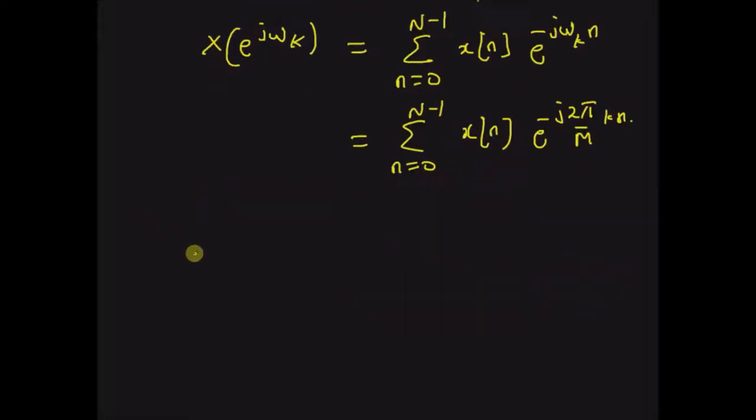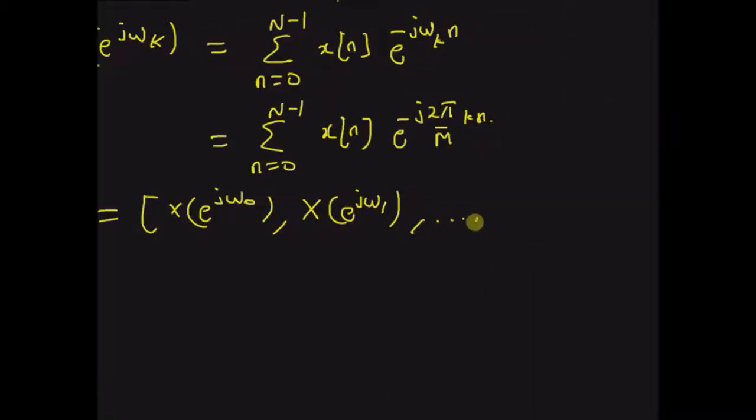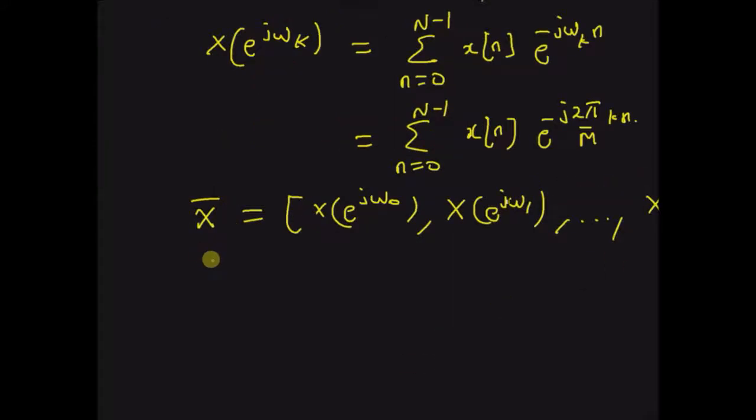Now in order to use linear algebra, we have to rewrite this definition in terms of vectors. That is, define a vector X bar, where this X is a capital X, that is an uppercase X, equal to the vector X of e power j omega 0, comma X of e power j omega 1, and so on up to X of e power j omega M. This is basically the vector that represents the DTFT.